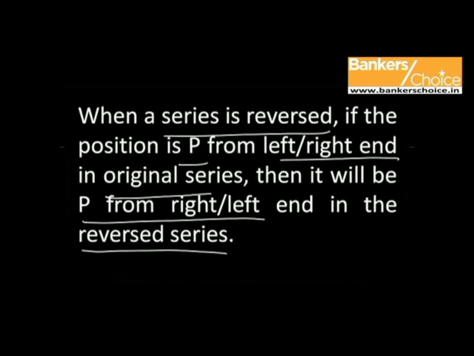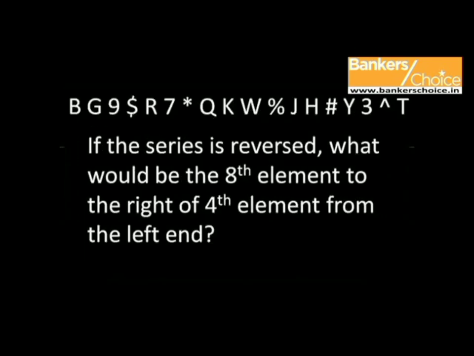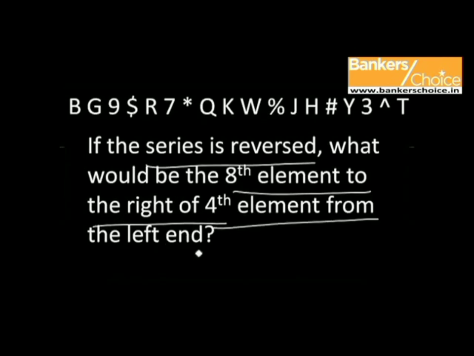Let us now take a question based on this point. If the series is reversed, what would be the 8th element to the right of the 4th element from the left end? So the question is to find out the 8th element to the right of the 4th element from the left end. As already discussed in the previous table, when there is a right and left end, the positions are to be added.